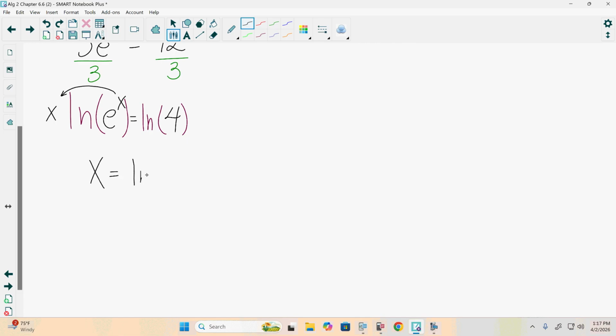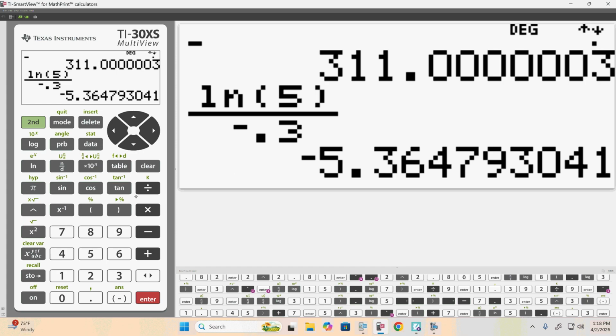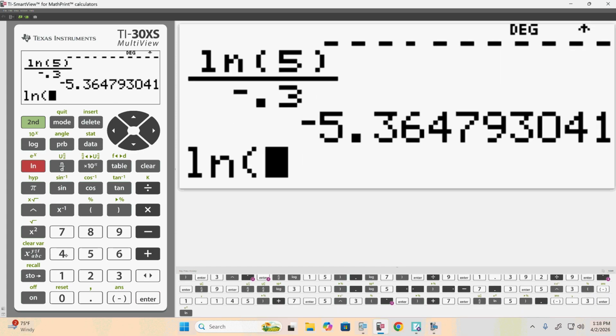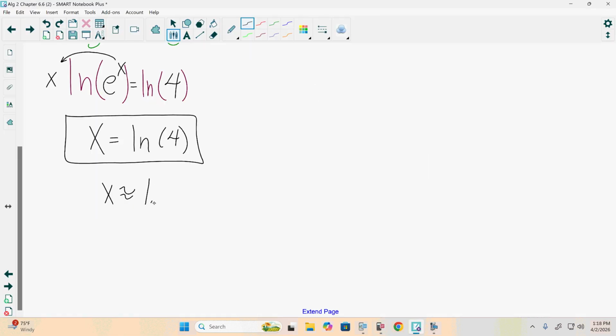Telling me that x is equal to the natural log of 4, or x is approximately 1.386. We agree?